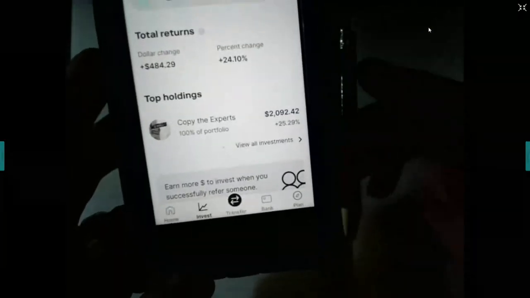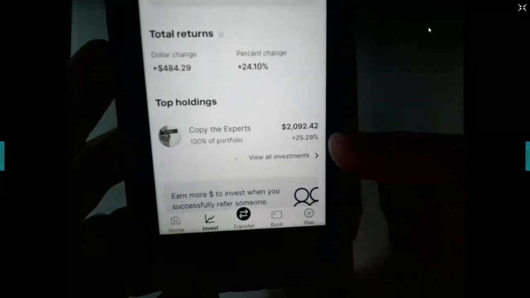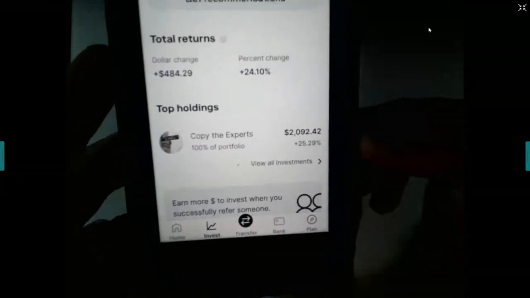Look at the percentage of increase that I've gotten on this amount of money. I didn't deposit that much money into this account, by the way. I put it in this one account, and right now it's up 25.29%. That's incredible.